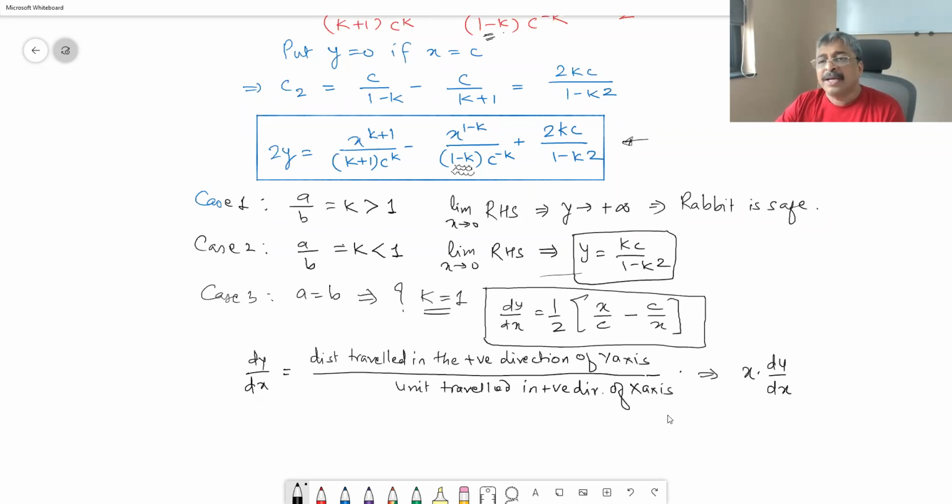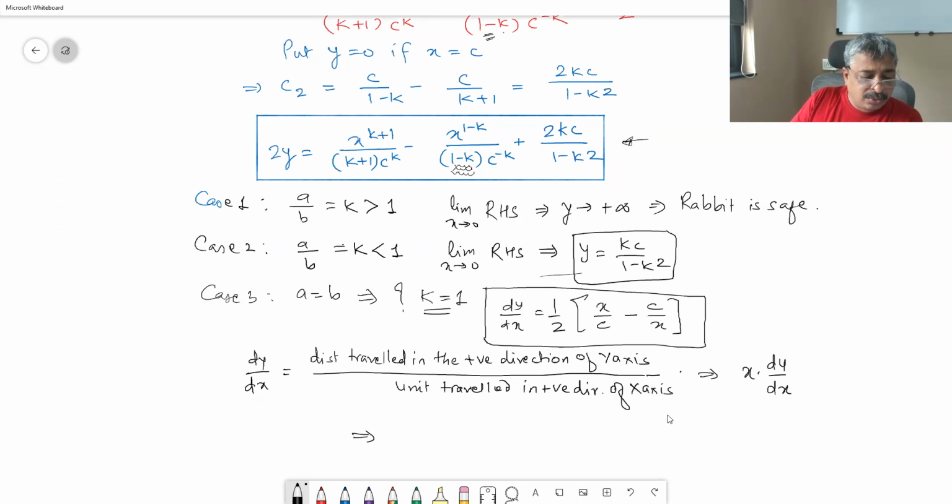So if I multiply the distance traveled by the slope, I will get the distance traveled in the direction of the y-axis. So we do not actually have to integrate this. Here itself we can interpret it in a better way.